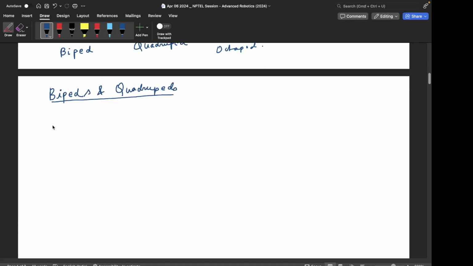As I mentioned, a biped has two legs, so it will be like this. Let's represent it like this, and a quadruped will have four legs.